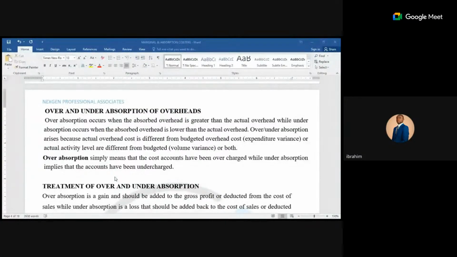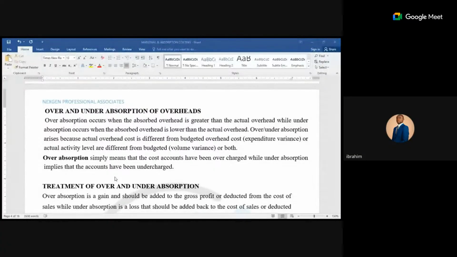Then Abigail will ask, is that not cheating? Because the rate of consumption I'm using will be different from the one you are using, is that not so? We'll get to that point of activity-based costing.